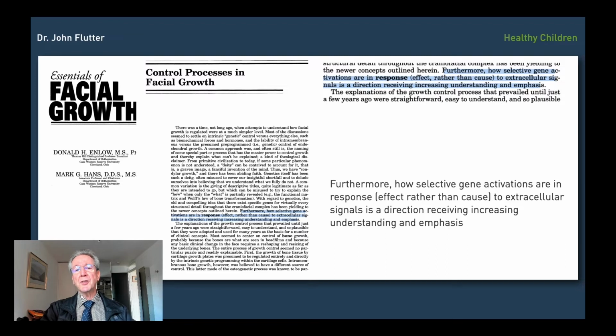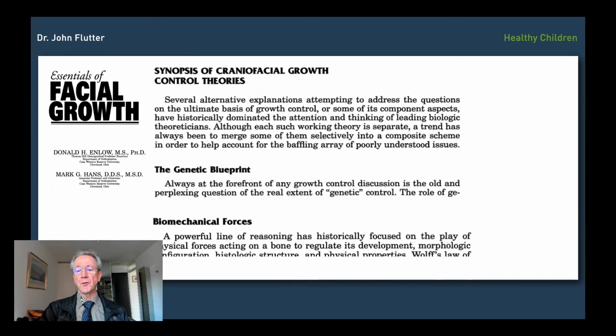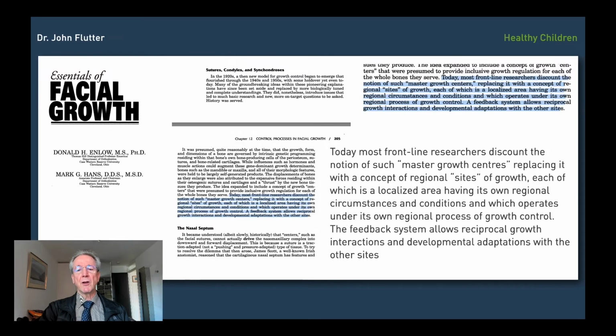But what it does say is that these signals that turn genes on and off are a result of messages that are received. So the cells pick up messages and can turn genes on and off to do particular functions.